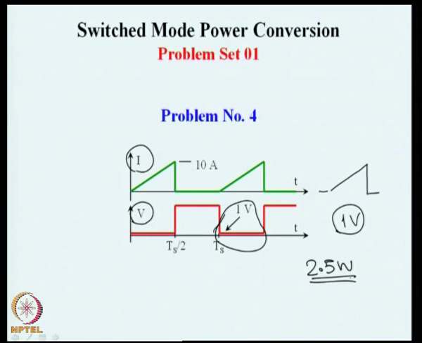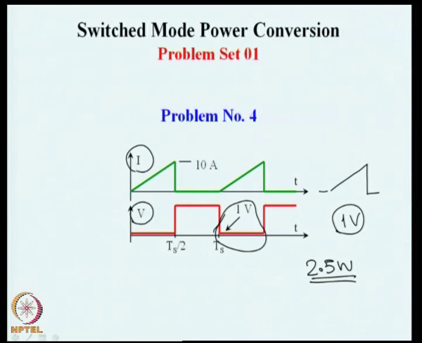So, in order to find out the conduction loss, we find the total energy loss that is taking place in one cycle. In this particular example, there are no losses during the blocking period. So, find out all the losses that take place in Ts by 2. The energy loss is given by integral of Vi dt.